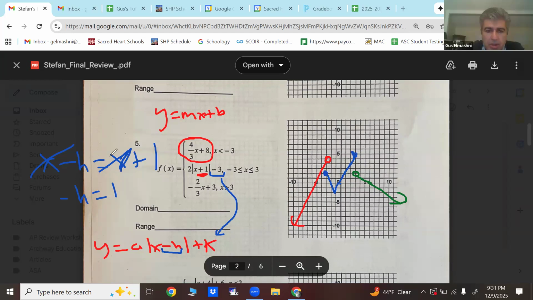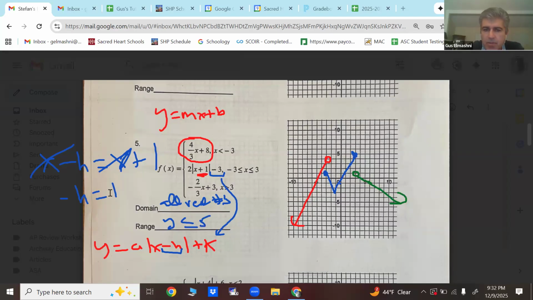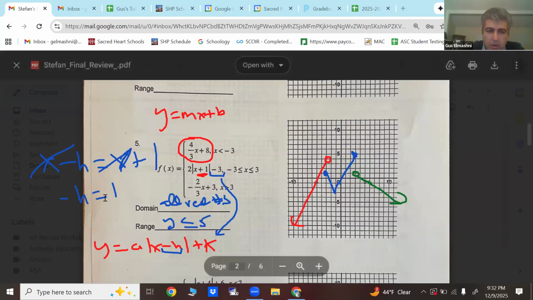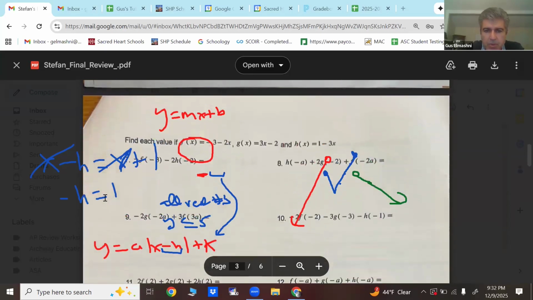So the domain is still all real numbers, and the range looks like the highest y value is 5 and goes down forever. So again, it's using transformations of whatever function you're dealing with of y equals mx plus b. So 6 you'll have to do on your own.